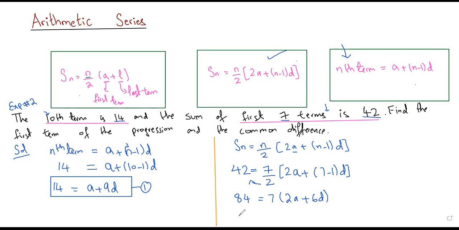And finally, I am going to get 84 equals 14a plus 42d. Now I have the two simultaneous equations and all I need to do is solve them simultaneously, and that is going to give me the first term, that is a, and the common difference, that is d.